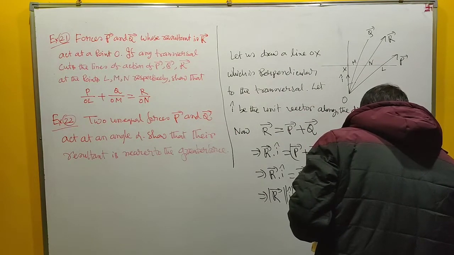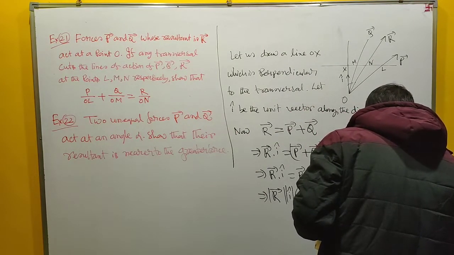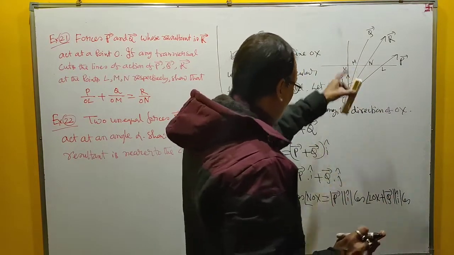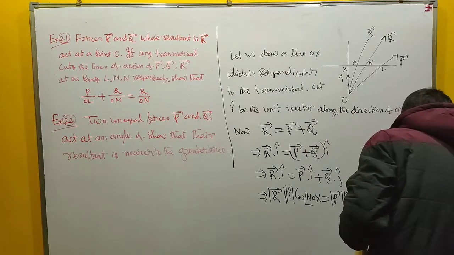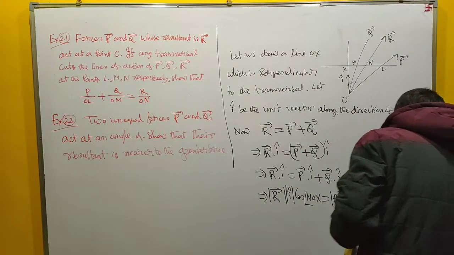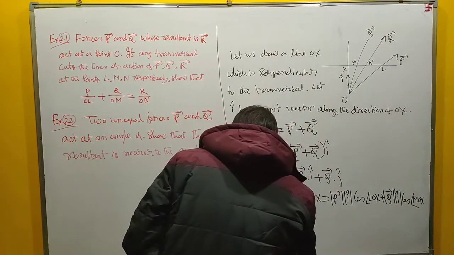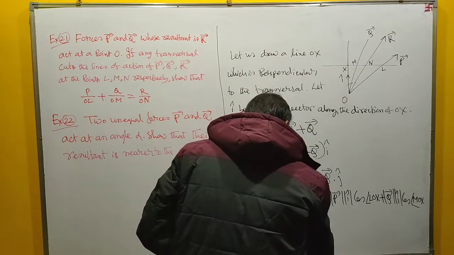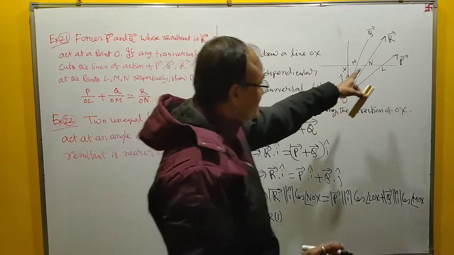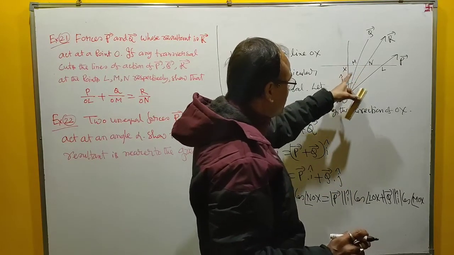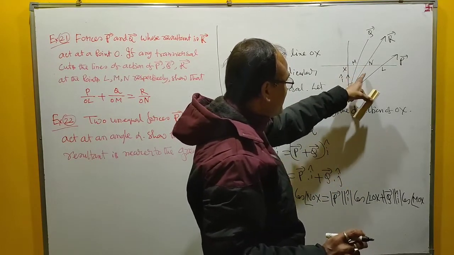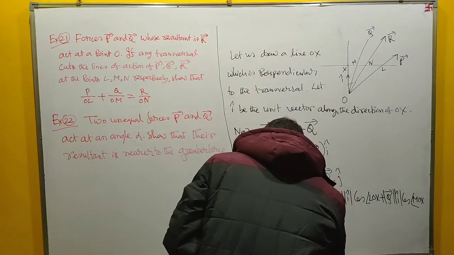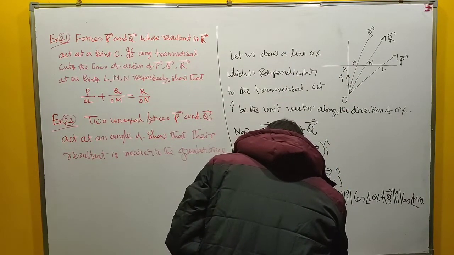Plus, similarly, cos of MOX. This means it is R, it is 1, and the cos of NOX is base by hypotenuse, OX divided by ON.